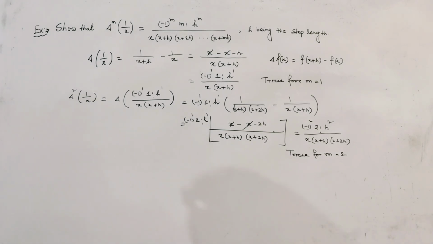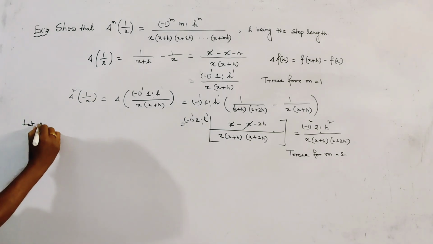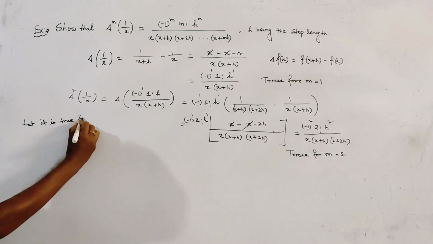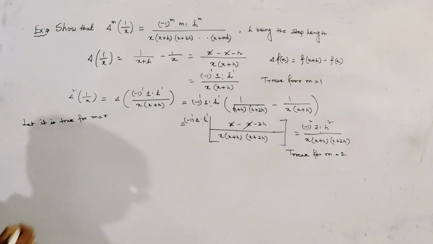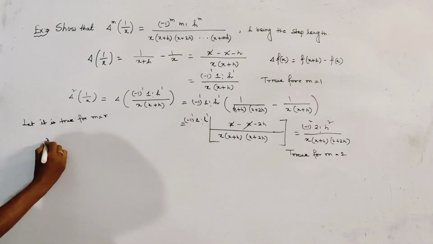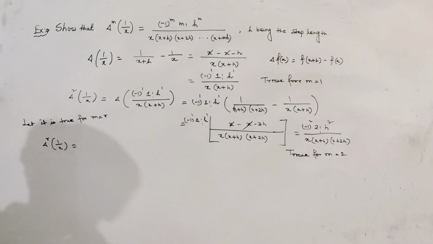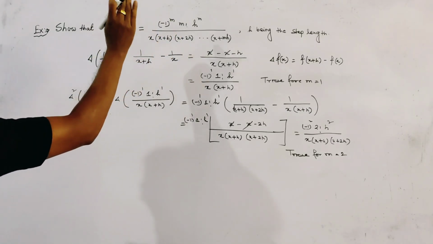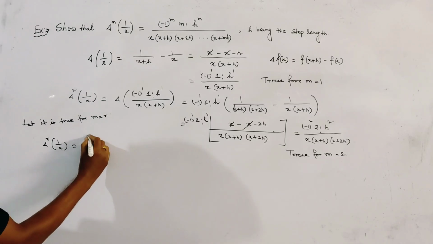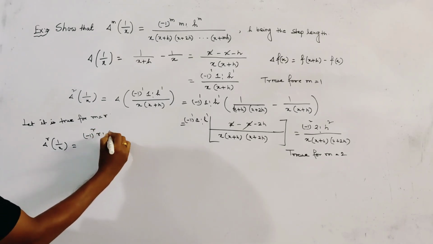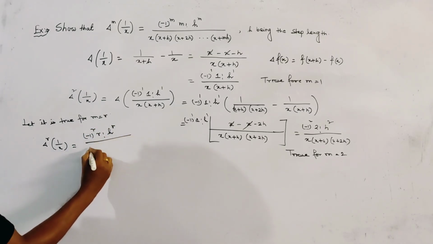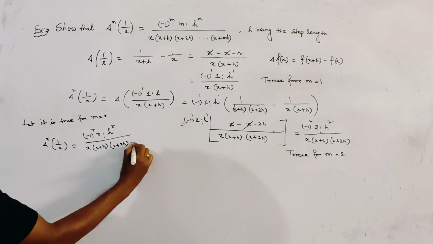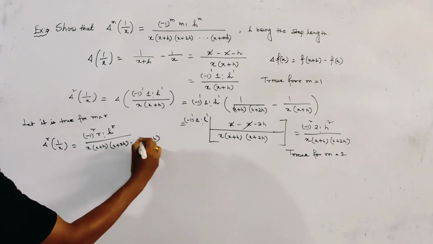Now we assume it is true for m equal to r. Then the result gives delta to the power r of 1 by x, which is given by putting r in place of m on the right side: minus 1 to the power r into r factorial into h to the power r by x into x plus h, x plus 2h up to x plus rh.